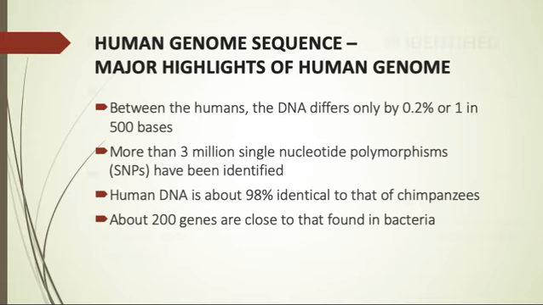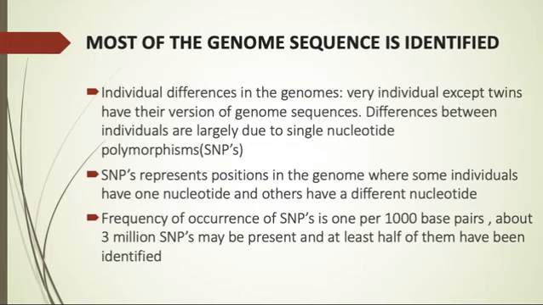So most of the genome sequence is identified. Now, the individual differences in the genome vary. Every individual except twins has their own version of the genome sequence. The differences between individuals are largely due to single nucleotide polymorphisms.